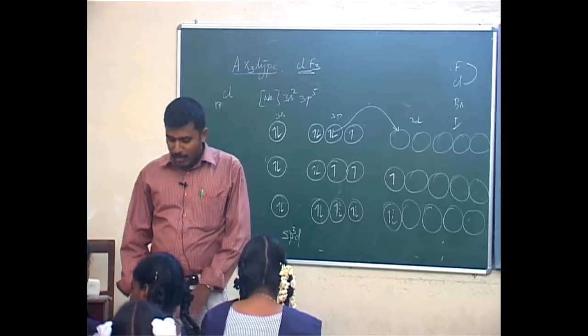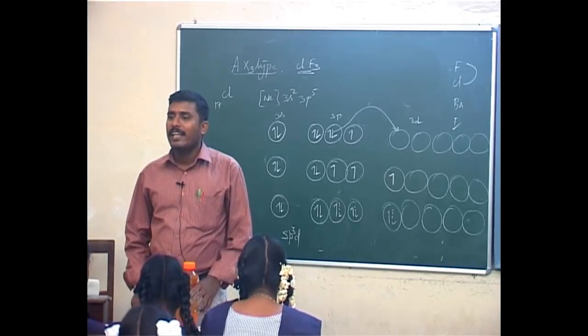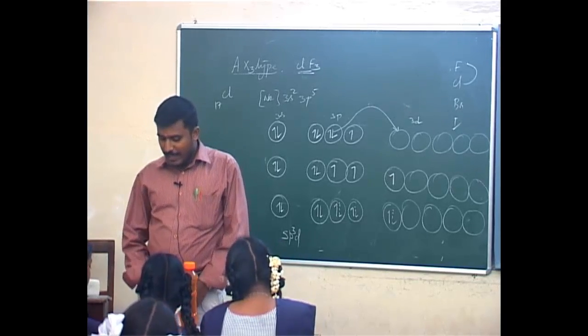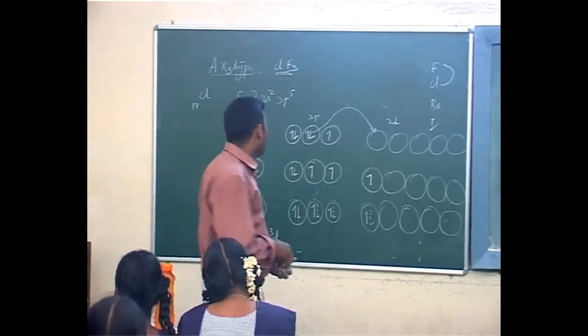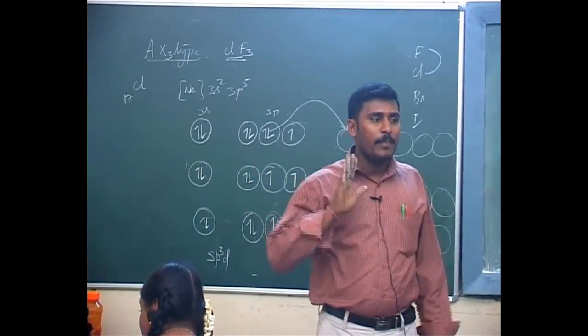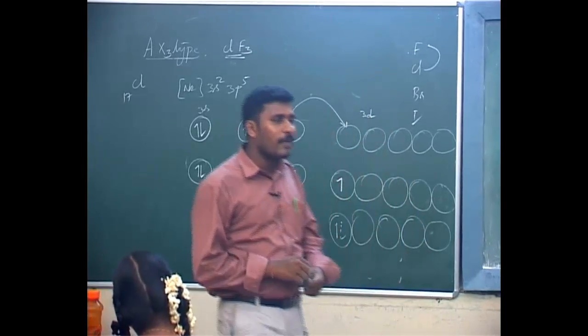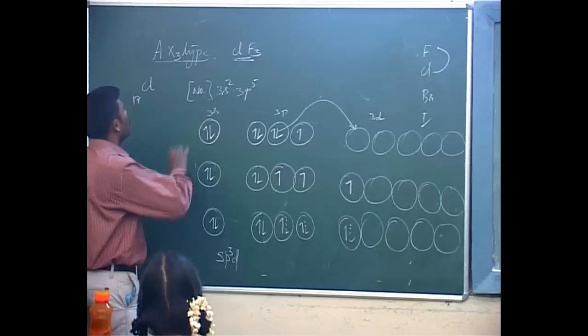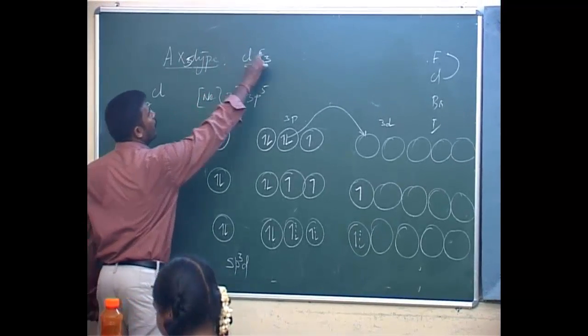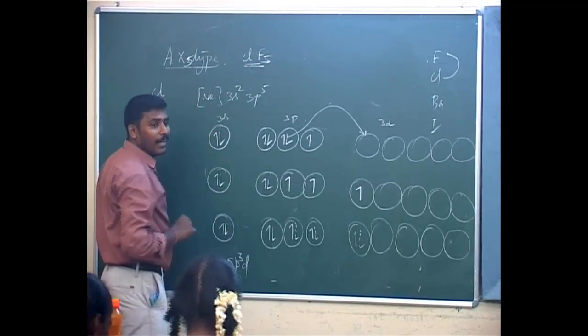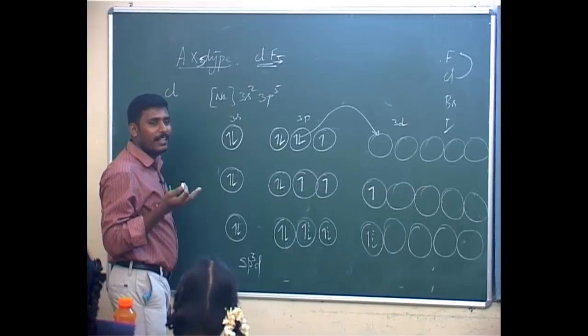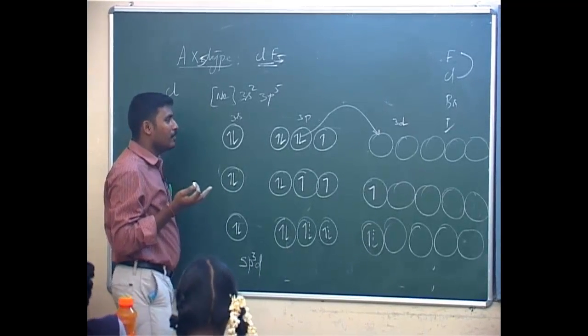Okay, the next ones are AX5 and AX7 type. Very same thing. AX5 means, listen, now how many unpaired electrons do you need? 5 you need. So is there any other way?